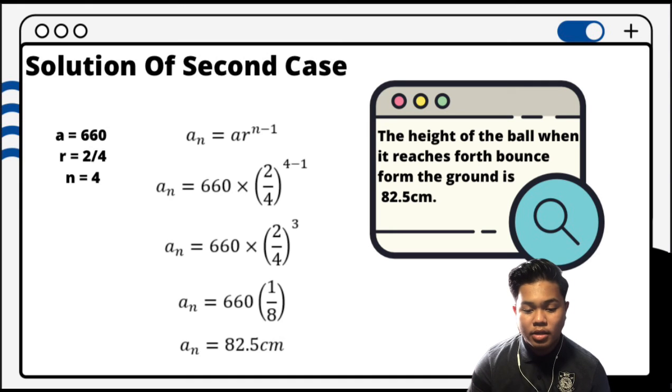So a_n equal 660 times 2 over 4 to the power 4 minus 1, then 660 times in bracket 2 over 4 to the power 3, then 660 times in bracket 1 over 8, and the answer is 82.5 cm. So the height of the ball when it reaches the fourth bounce from the ground is 82.5 cm.